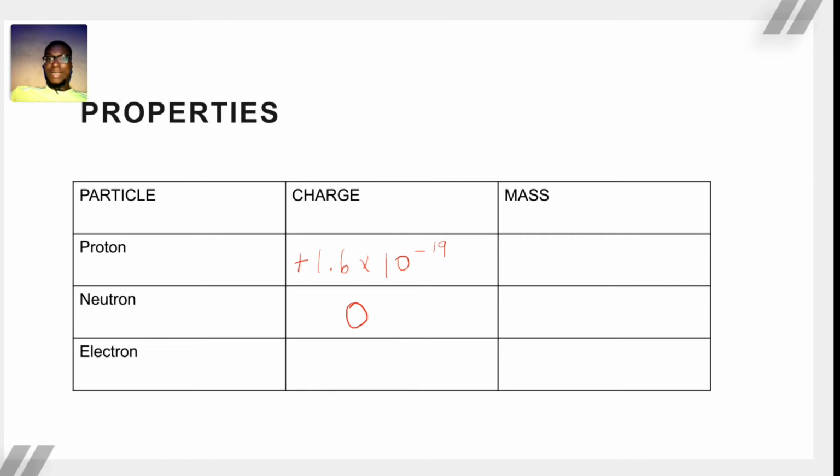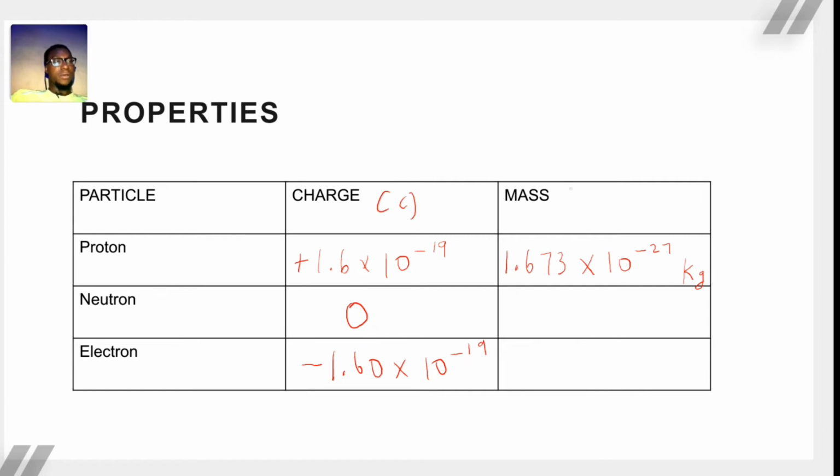Electron is negatively charged, 1.60 times 10 raised to the power of minus 19. Then the mass in kilograms for proton is approximately 1.673 times 10 raised to the power of minus 27. The charge is in coulombs.